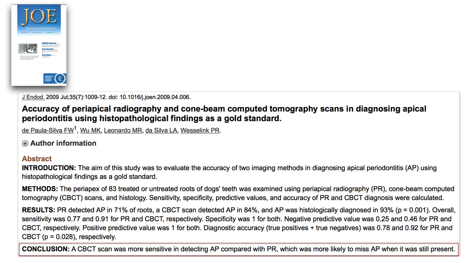On the CBCT scan, that's not necessary. So bottom line, the apical periodontitis has to have a certain size to cause rupture or resorption of the cortical bone so we can actually visualize it on an x-ray.